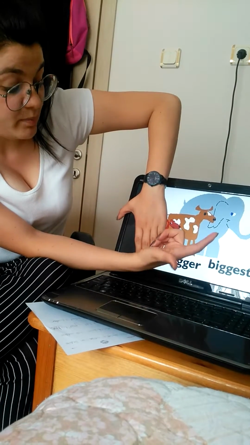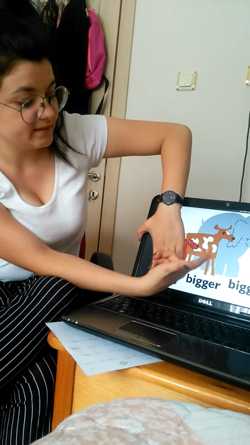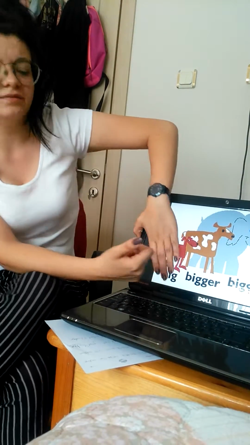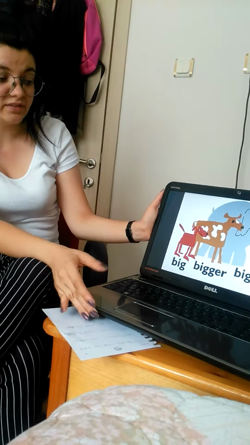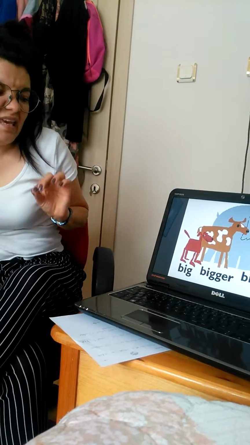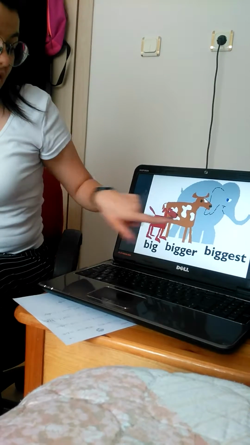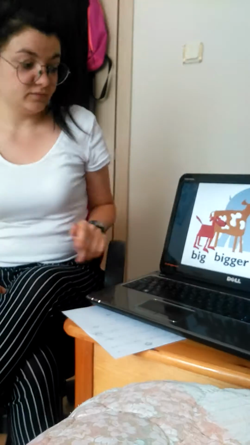Elephant is bigger than cow. Cow is smaller than elephant. There are three animals here. Which one is the biggest? Elephant is the biggest animal. Cow is bigger than a dog. Okay, biggest, bigger, big.